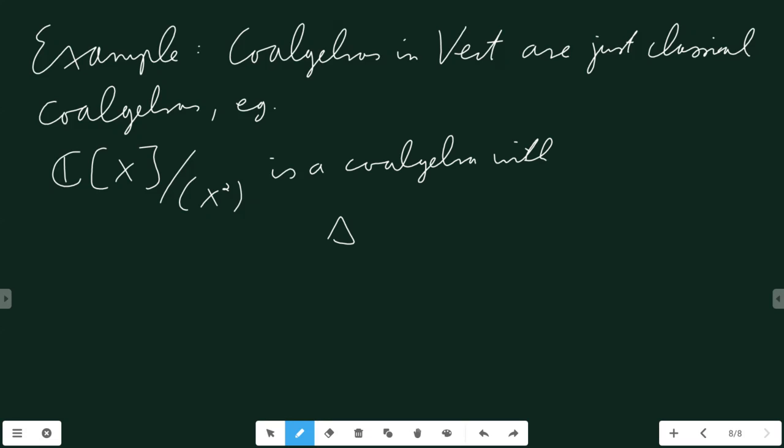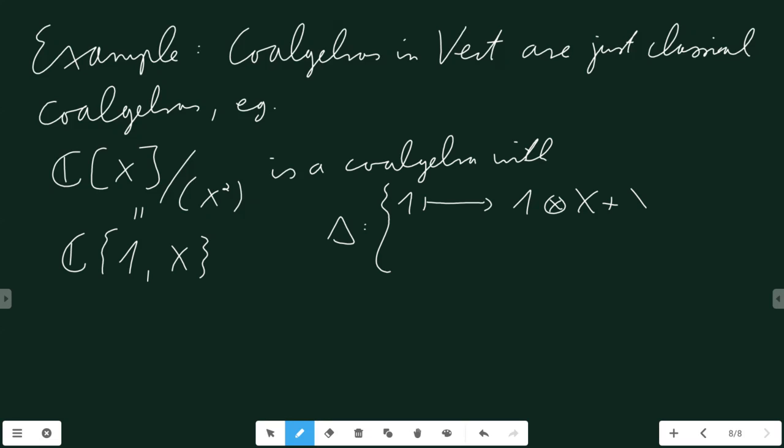Delta. Remember, I have just two objects. I only need to specify it on my two vectors. One is sent to... remember that this guy has to go from A to A tensor A. Right, I should start with one object and I should give you a tensor.